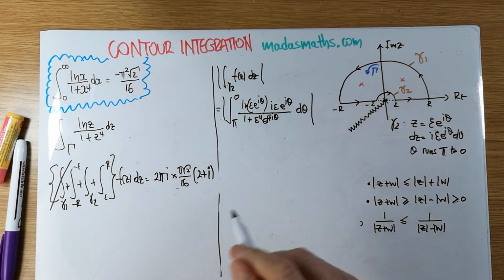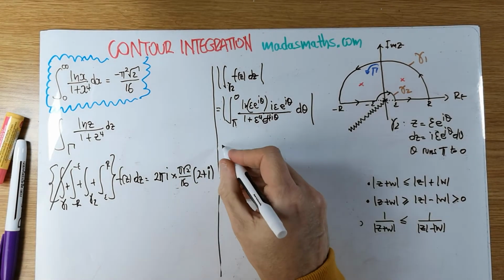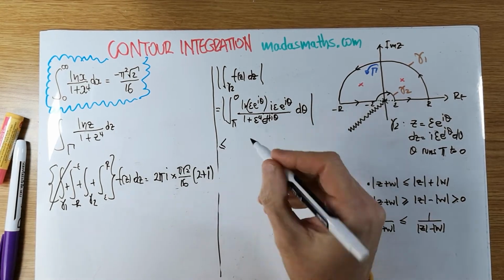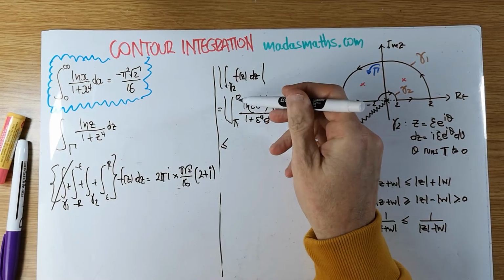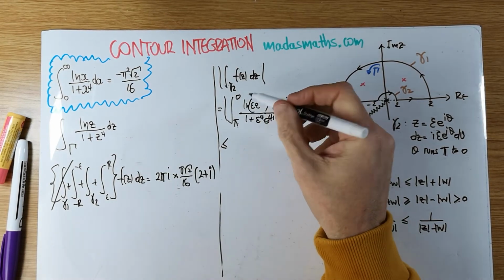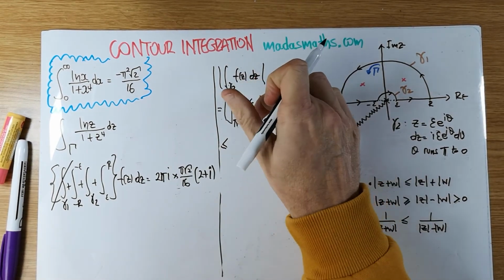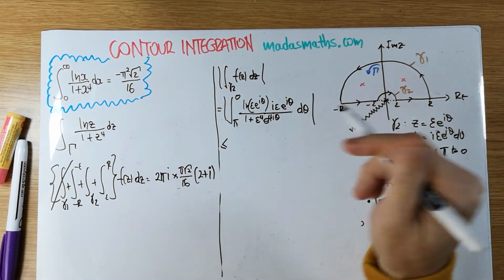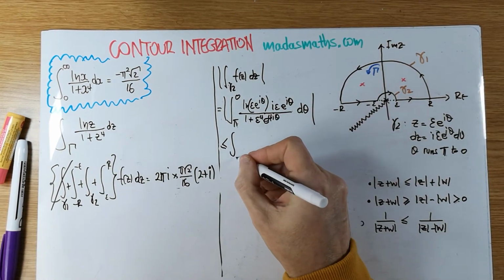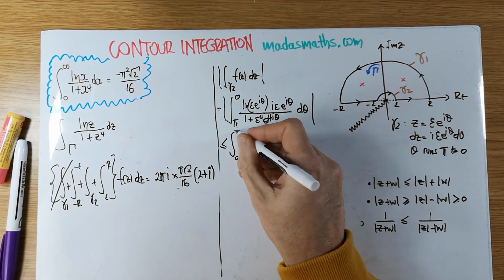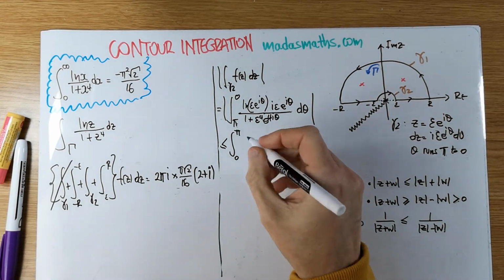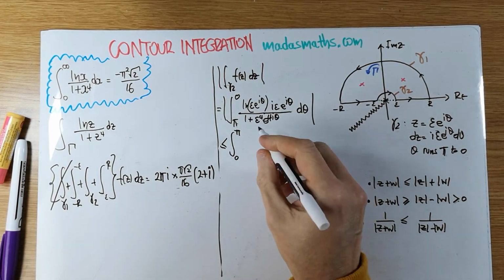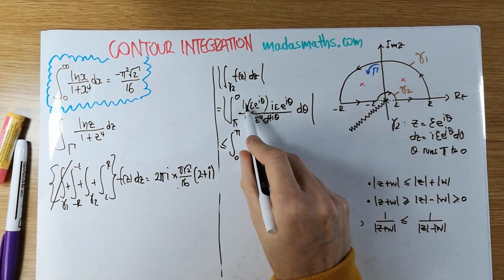So we're going to do quite a few things at once now. We're going to move the moduli inside, so that creates less or equal. And with this pi to 0, because it's still inside the modulus, if I flip this limit, it will generate a minus, but because it's still modded, I can throw it away. So I'm going to actually, just for looks really, change to 0 to pi. It doesn't really matter. And I'm going to mod the whole thing, and then I'm going to mod individually all the bits. And at the same time, I'm going to split this log.